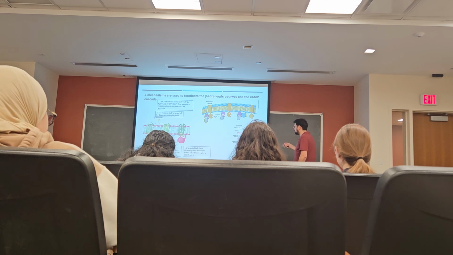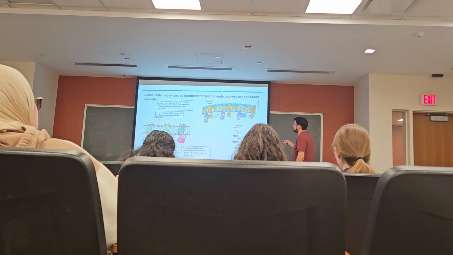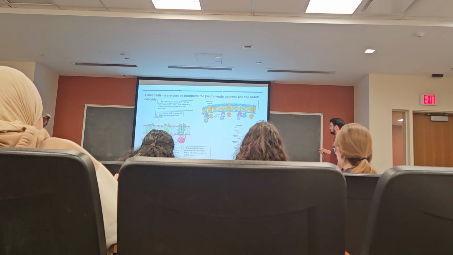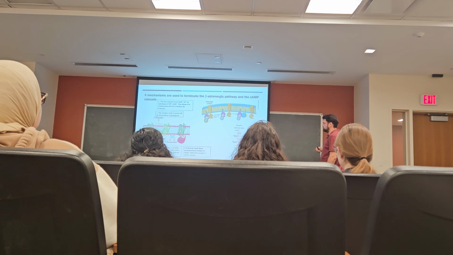So adenylate cyclase is turned off, and then GDP-bound G alpha is free to reassociate with G beta gamma. These can now reassociate with either an active beta adrenergic receptor to be reactivated, or they remain inactive, right? So it turns itself off after a given amount of time.